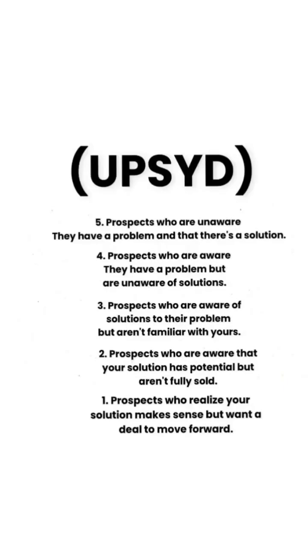Now we're moving down to step number 3, right? This is the S, which would be people who are both aware that they have a problem and aware of some solutions, but they're simply not familiar with your solution, right?